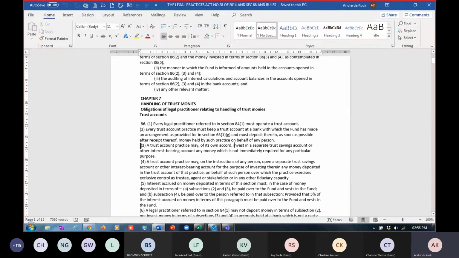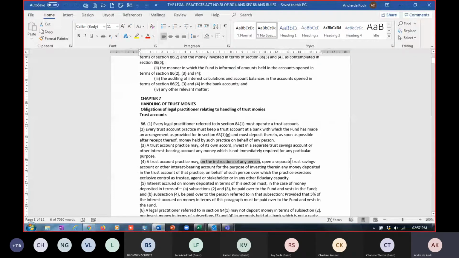We've done section 86.3. 86.4. A trust account practice may, now look at this, on the instructions of any person. Over here, it was of its own accord. Here the trust account practice doesn't decide, they receive instructions of a person.